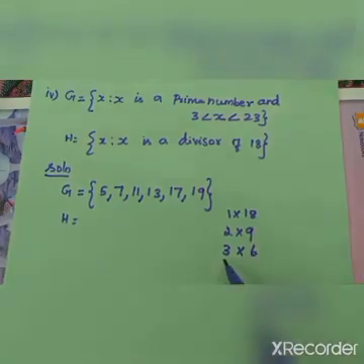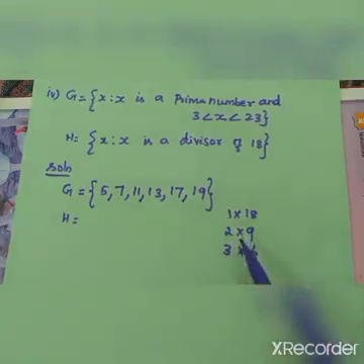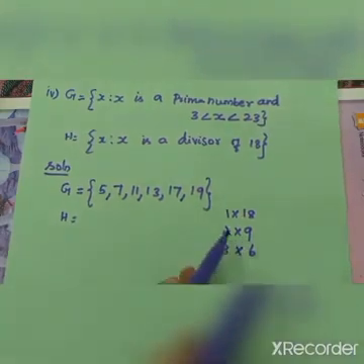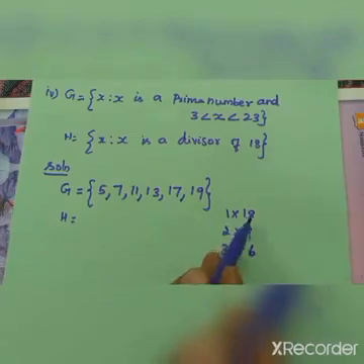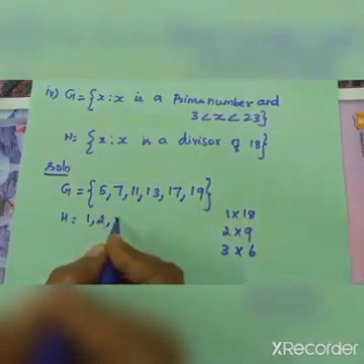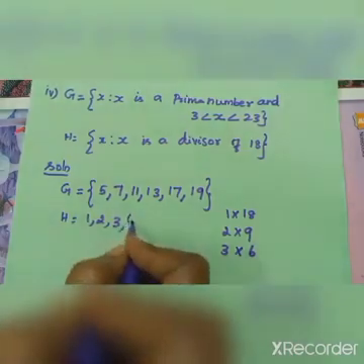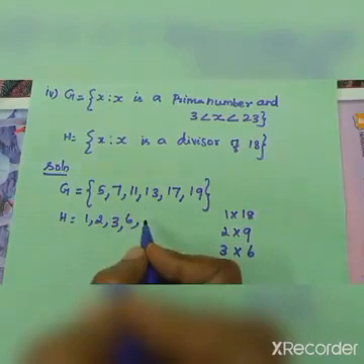Yes, again 6 3s are 18, 9 2s are 18, 18 1s are 18. Same only, so repetition is not needed. So what are the divisors here? 1, 2, 3, 6, 9, 18.